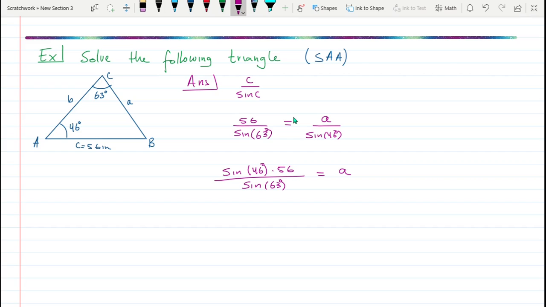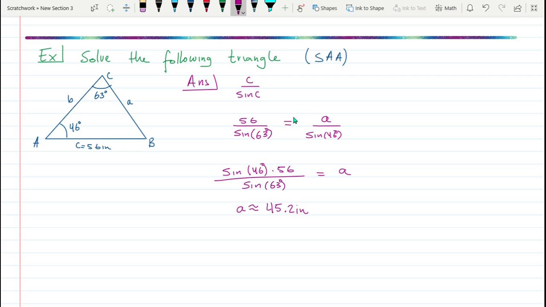So if you plug that in and follow the directions that you're told at the beginning of the problem, oftentimes they want the lengths to be rounded to the nearest tenth. If you do get decimals, make sure you round to the nearest tenth, or whatever the directions tell you to do.